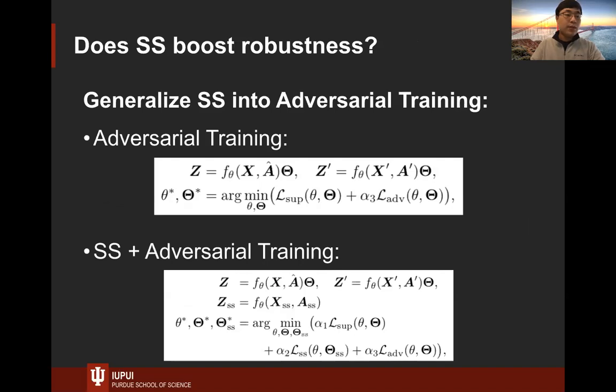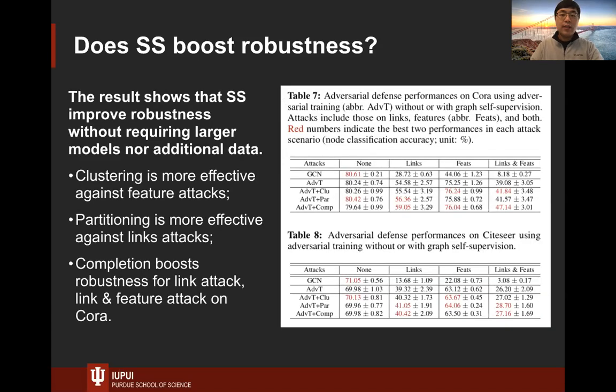For the third question, the paper generalized self-supervision into adversarial training. These formulas are the generalized form of the loss function. According to Table 7 and Table 8, they present adversarial defense performance on two datasets, Cora and Citeseer.